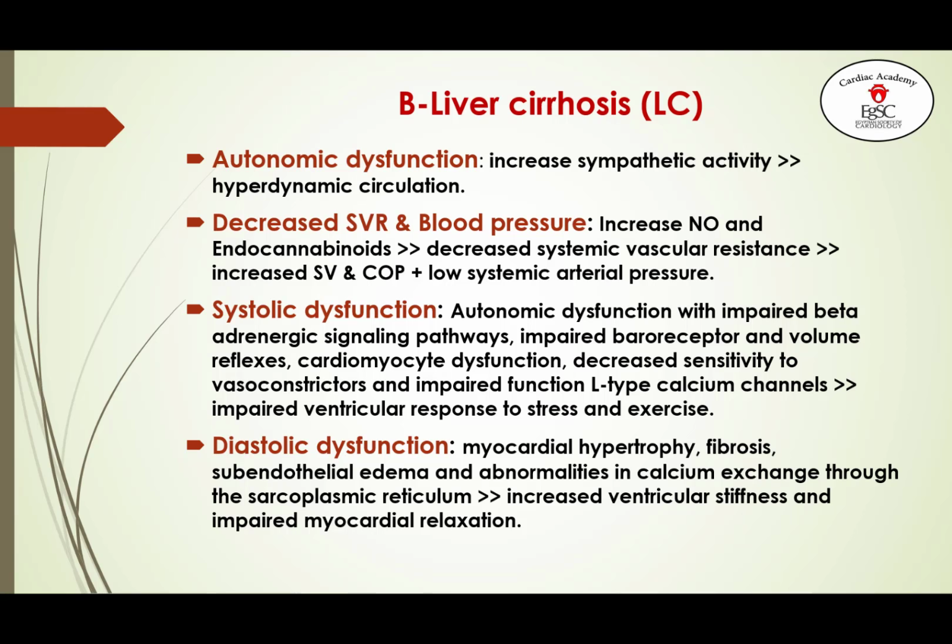Regarding diastolic dysfunction, liver cirrhosis causes myocardial hypertrophy, fibrosis, subendothelial edema, and abnormalities in calcium exchange through the sarcoplasmic reticulum, all can lead to increased ventricular stiffness and impaired myocardial relaxation.